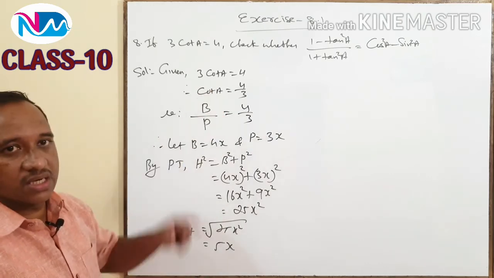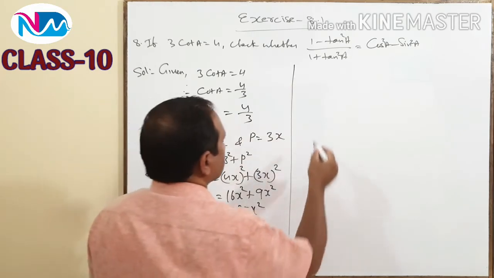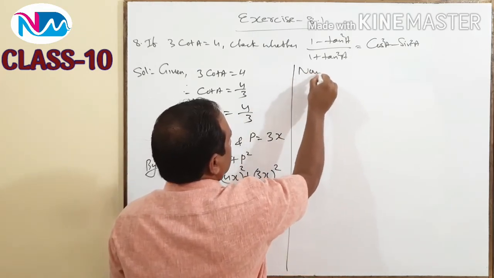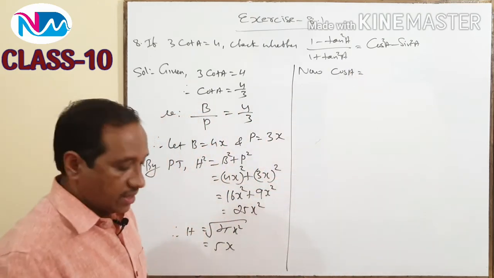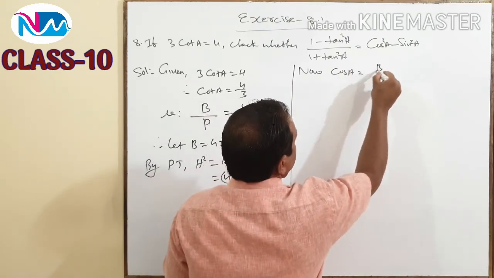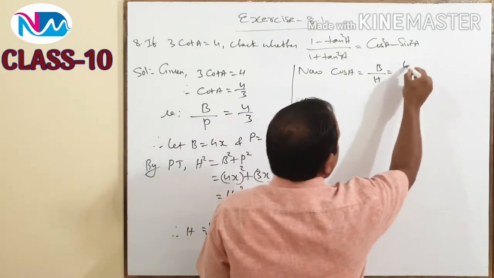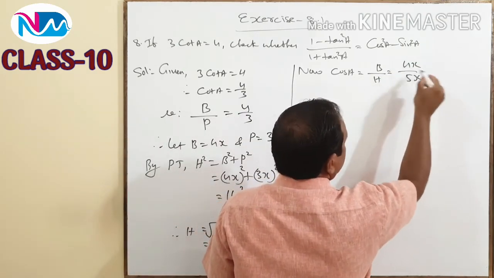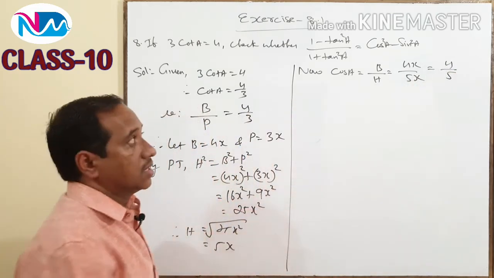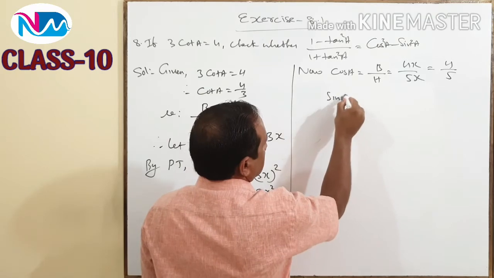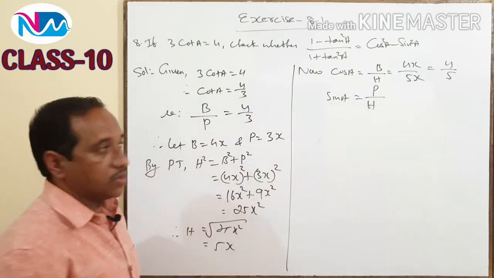Now we can write the required ratios. Cos A is defined as base by hypotenuse. Here base is 4x by hypotenuse 5x, so 4 by 5. Sin A is defined as perpendicular by hypotenuse.